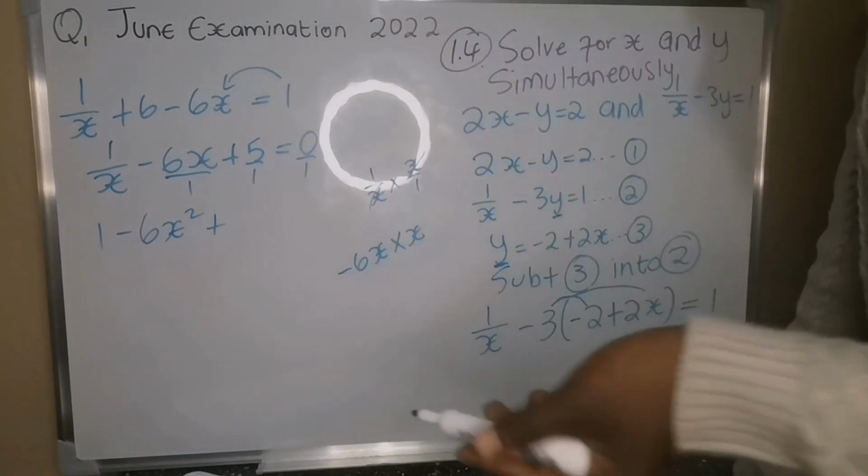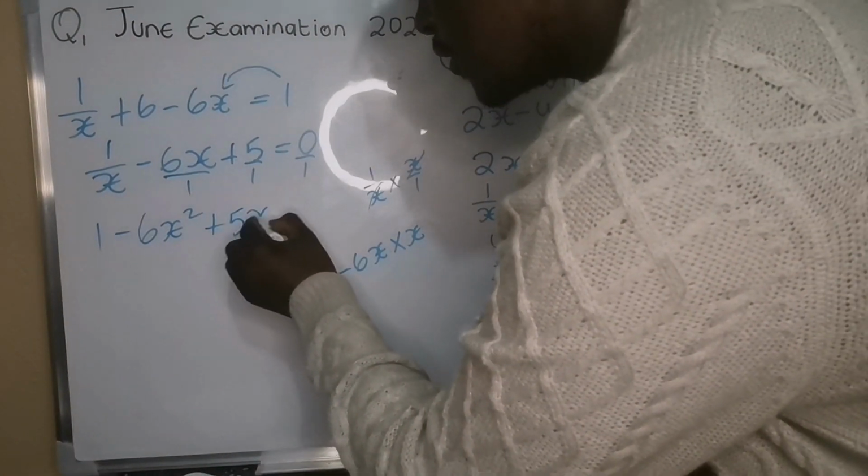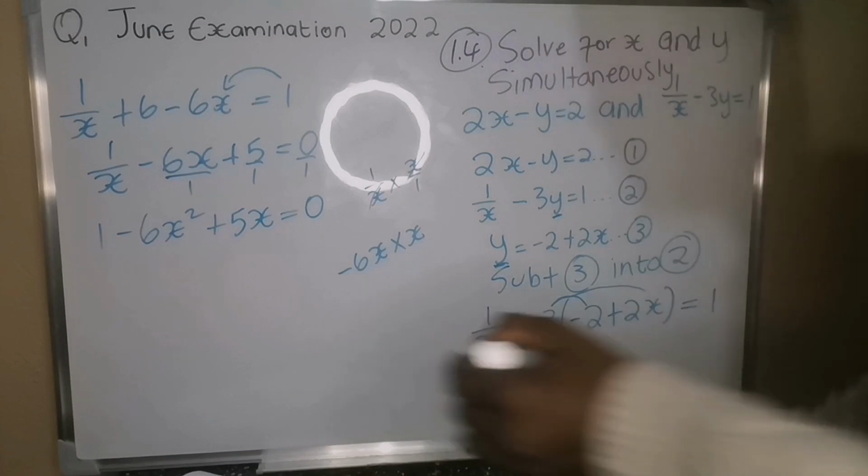Plus 5 times x gives 5x. Equal to 0 times x, which is 0.